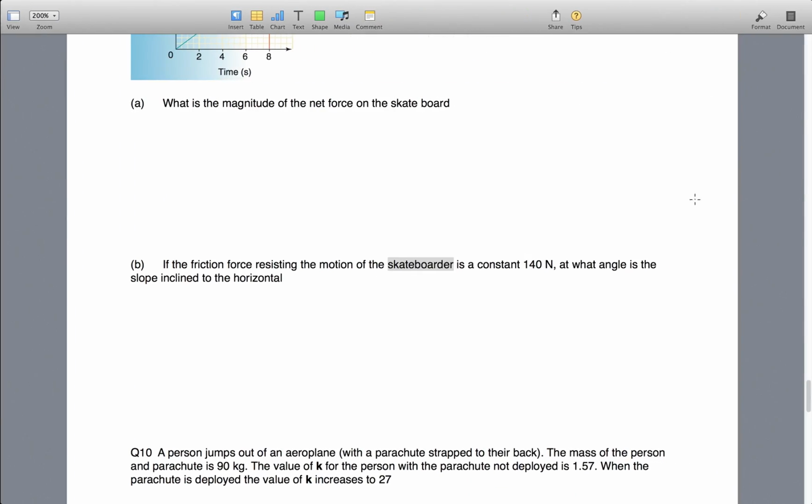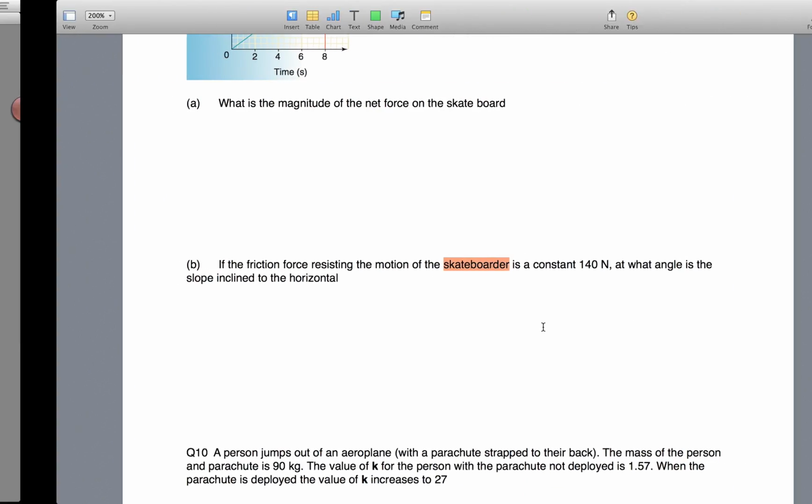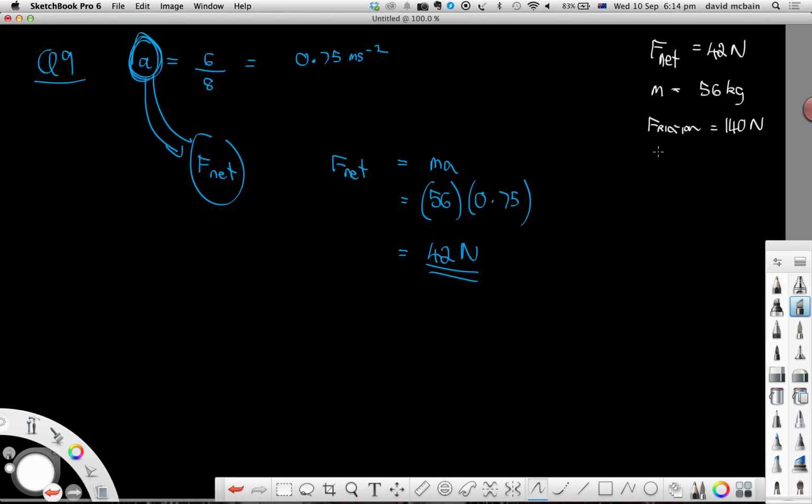Let's just check that, 140 newtons it was. And we have to work out the angle of the inclined plane. So what is the angle that the whole thing is sloping at? And remember that we know the acceleration is 0.75 meters per second squared, but I don't think we'll need that anymore. Okay, so let's clear off this working.